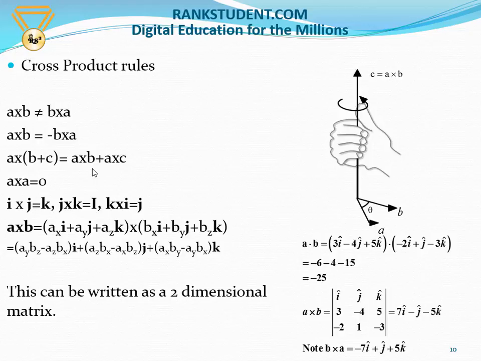Now let's look at A cross B defined in terms of the components AX, AY, AZ, and BX, BY, BZ. The result is indicated in the expression here, and the resultant vector can be written as a matrix, which is done in the diagram on the right-hand side, where we have shown the dot product as well as the cross product.